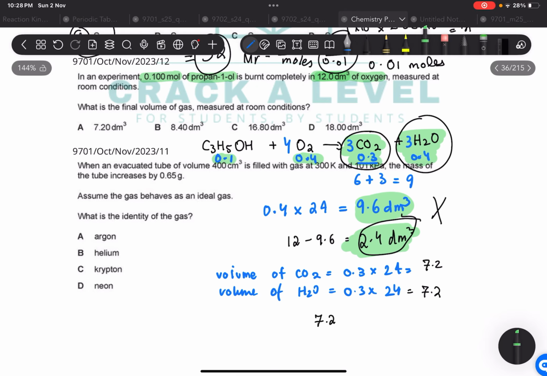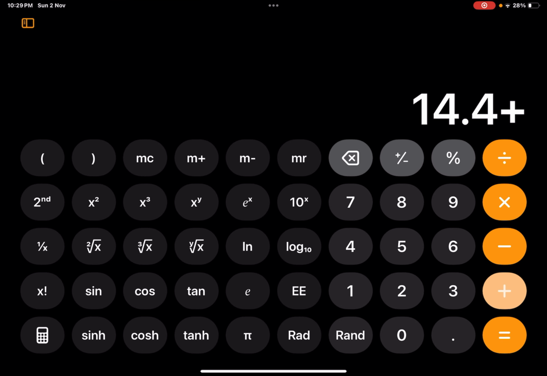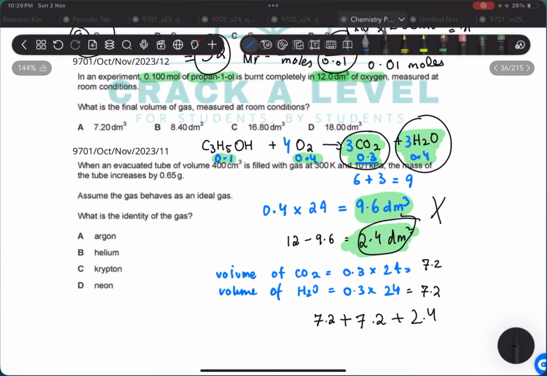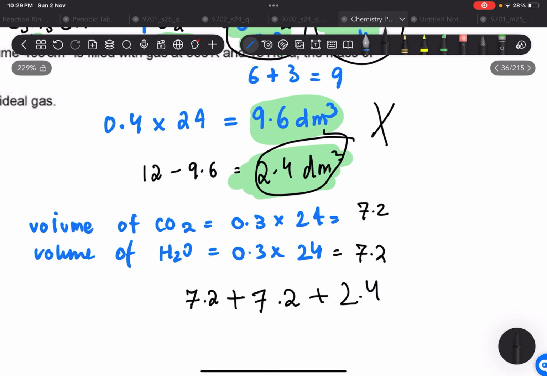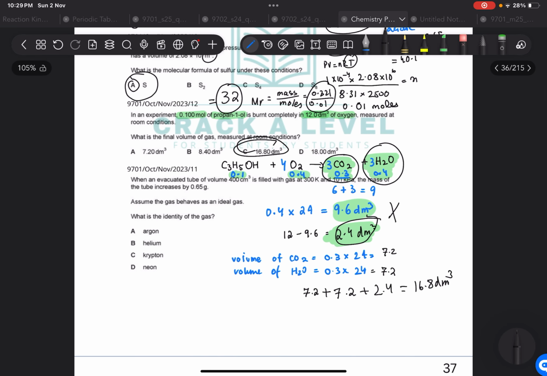So all the volume that's going to be formed at the end, plus 2.4, I just add it all, and I get 16.8 dm cube as my answer. So it's going to be option number C. I hope you get how I did this.